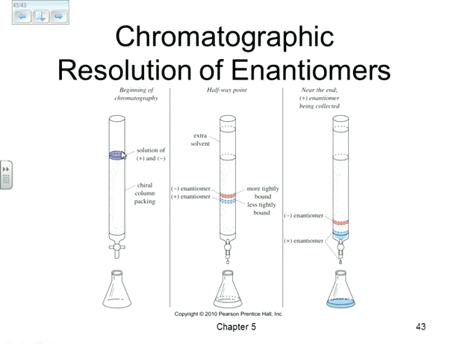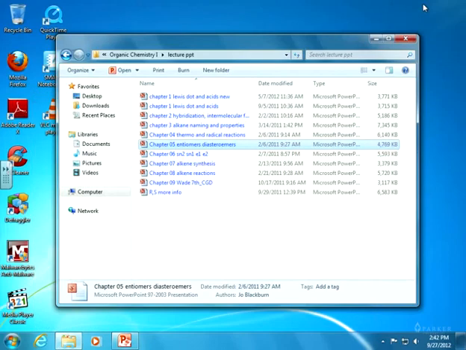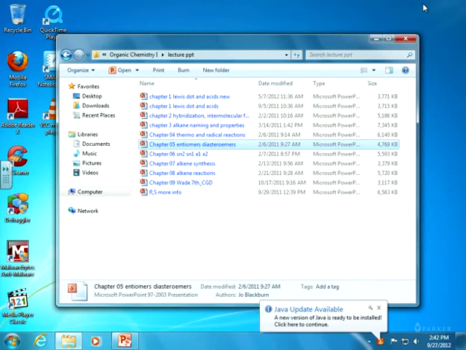All right, so that's pretty much all the slides, but there's a concept you'll need to know. If we look at worksheet 5.2, number 2 is a really good one.